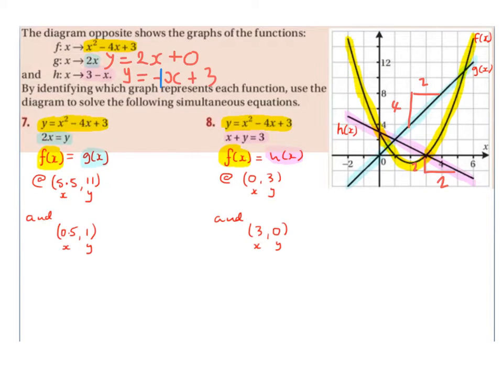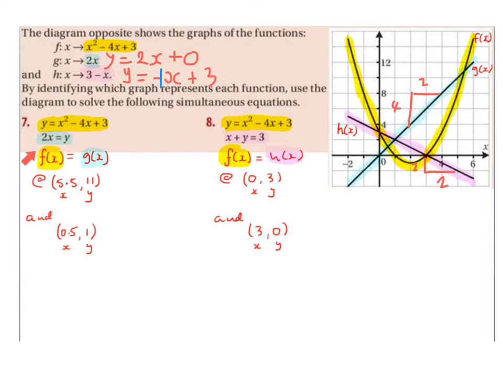They've just changed this around the other way around, but it still means the exact same thing. So solving simultaneously, if we wanted to do it algebraically, we could just sub 2x in place of that y, and then solve for x, and then sub our x values back into the simpler equation to solve for y. But we're not asked to do it algebraically, we're asked to use the diagram.